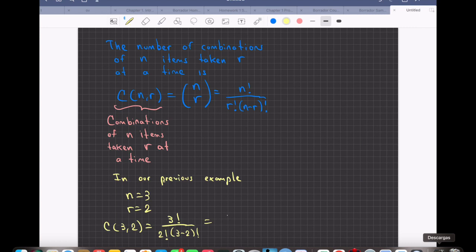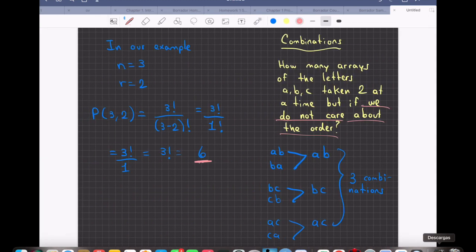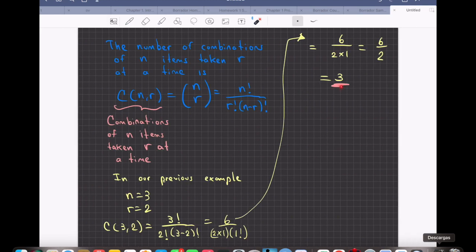And this is equal to 6 divided by 2 times 1 factorial. And this is equal to 6 divided by 2 times 1, 6 divided by 2, and this is equal to 3, you see? And of course, this is the same as the result we got here. 3 combinations, you see? 3.